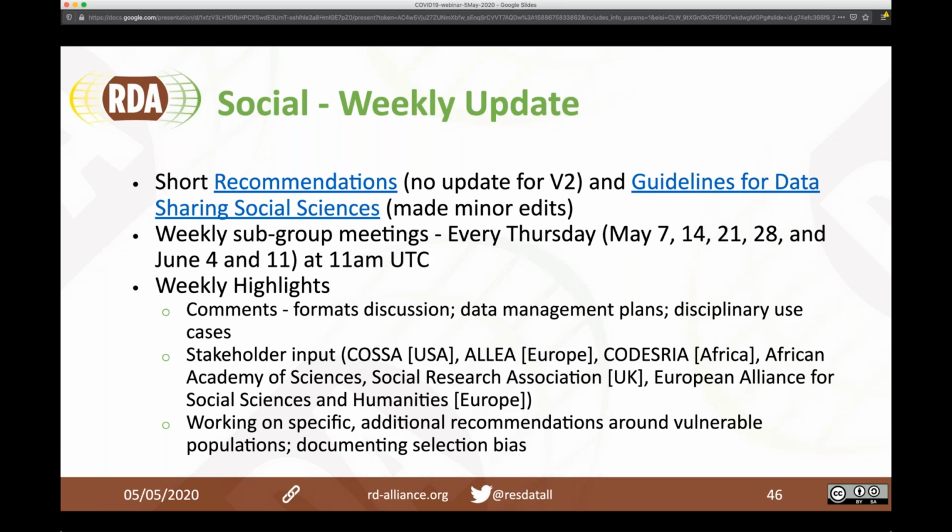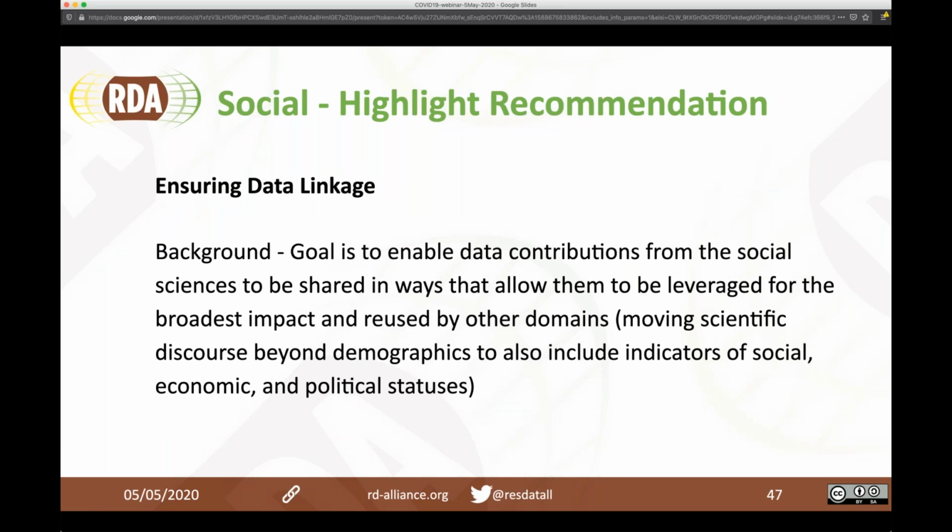And then we finally wrapped up talking about some of the additional areas that we wanted to develop recommendations in, including selectivity bias and recommendations around vulnerable populations.